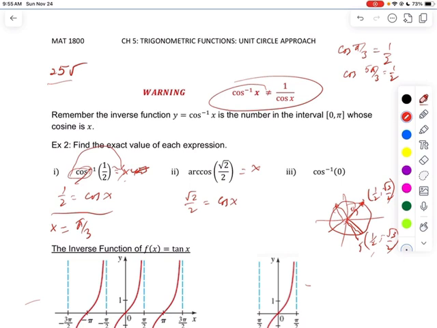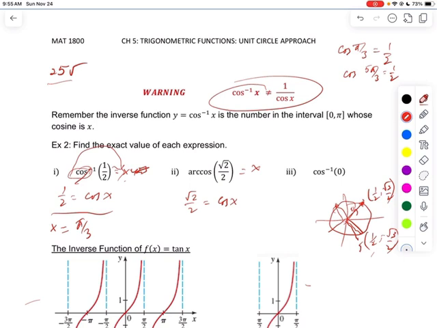If you look at cosine of 2 pi over 3, that will be negative 1/2, and cosine of 4 pi over 3, which is in the third quadrant, you will also get negative 1/2. So we are not looking at the negative value, we are looking at the positive one. So it has to be in the first quadrant or in the fourth quadrant.